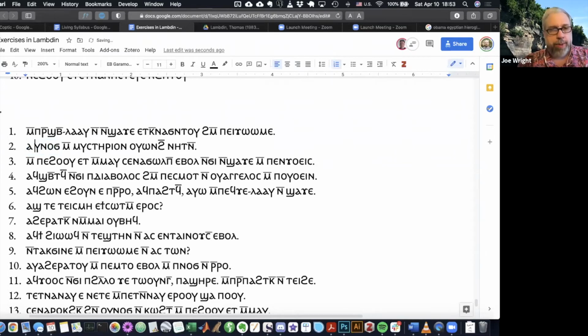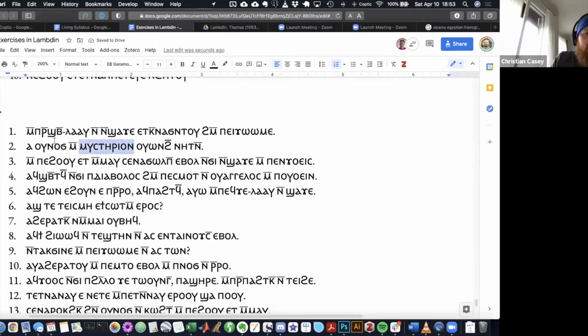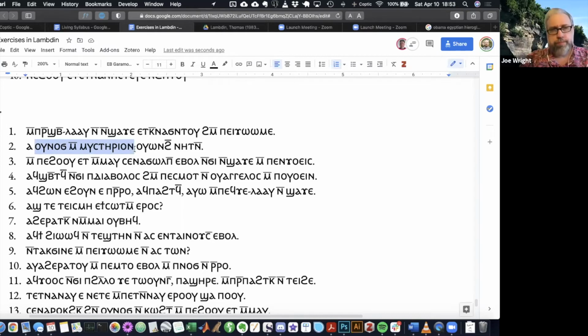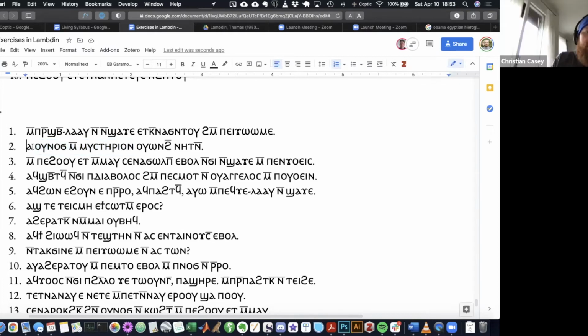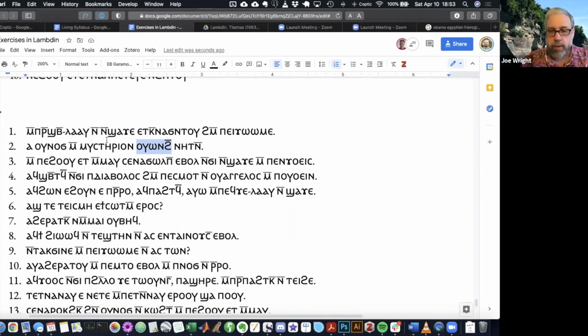I'm not sure about the owl there. This is the subject of the sentence. This whole thing, unoche mysterion, so a great mystery, and then this is the preterite marker and the verb. So these two things are wrapped around the subject. So a great mystery, past tense. Appeared. Yeah, appeared to y'all.